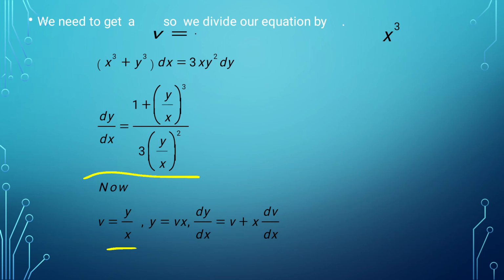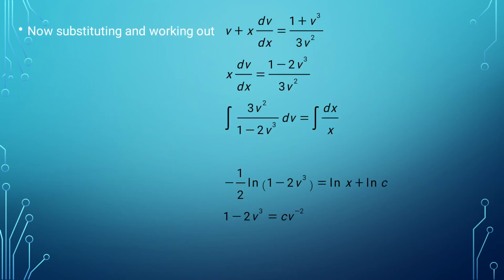Okay, so now substituting y over x with v, and y equal to that, and the relations for dy and dx, we substitute that. When you substitute this, you'll find we are having this.